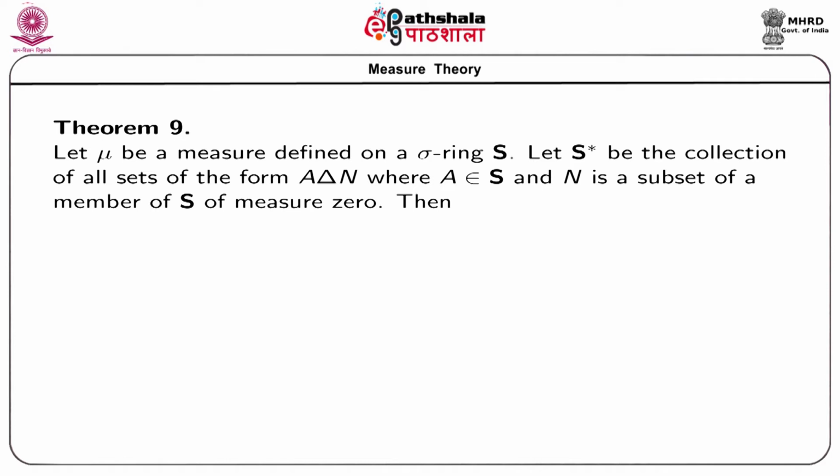Let mu be a measure defined on a sigma ring S. Let S star be the collection of all sets of the form A delta n, where delta stands for the symmetric difference, A belongs to S and n is a subset of a member of S which has measure 0.